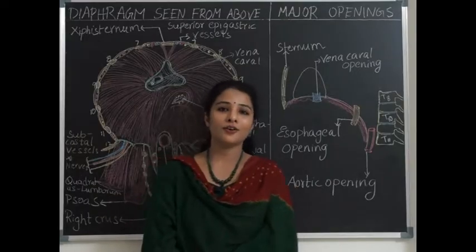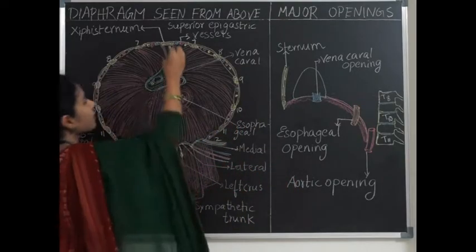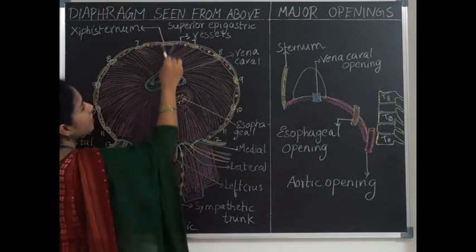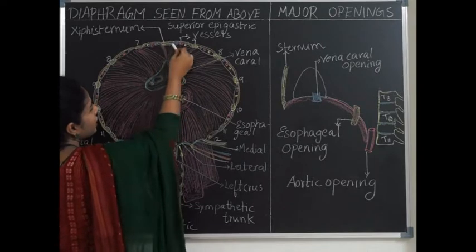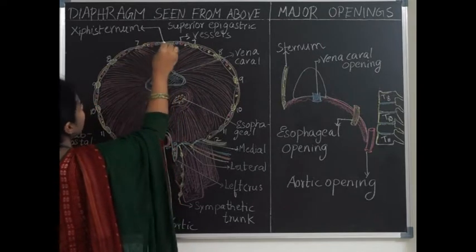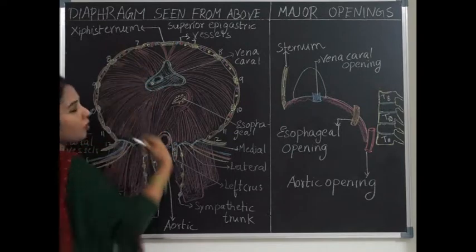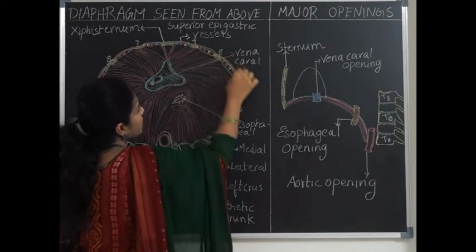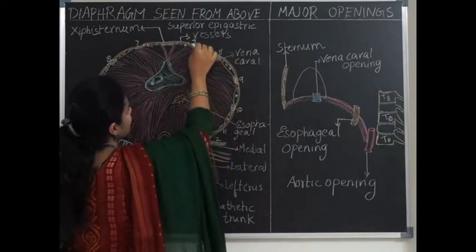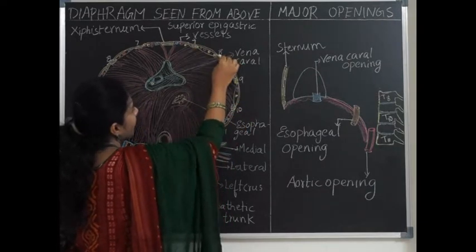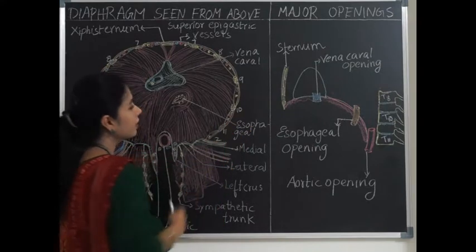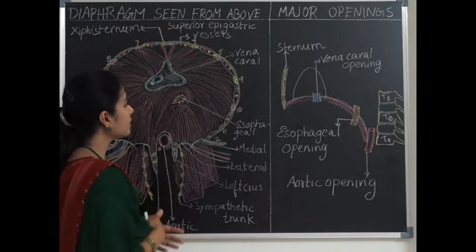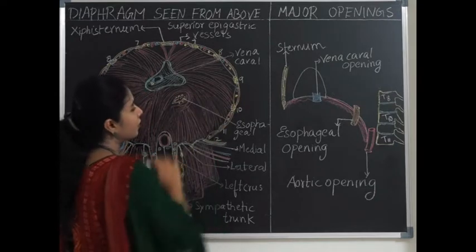Continuing with the origin of the diaphragm, it arises from the posterior surface of the xiphoid process by two fleshy slips. It also has a costal origin from the inner surface of the lower six ribs, the 7th, 8th, 9th, 10th, 11th and 12th, along with their costal cartilages, giving origin to the peripheral part of the diaphragm.